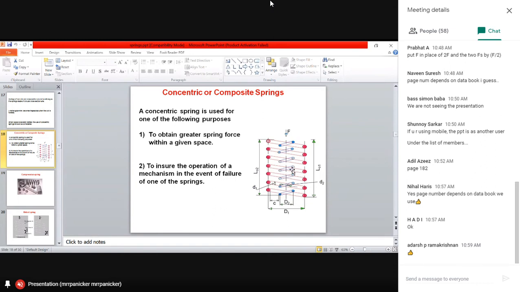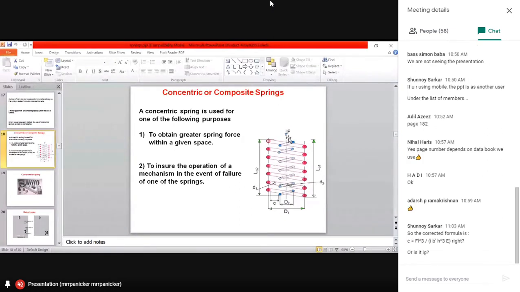If the top one is shorter, then when the force is applied, the outer will deflect first. If this is longer, then the inside one. That depends upon under what circumstances we are using it.